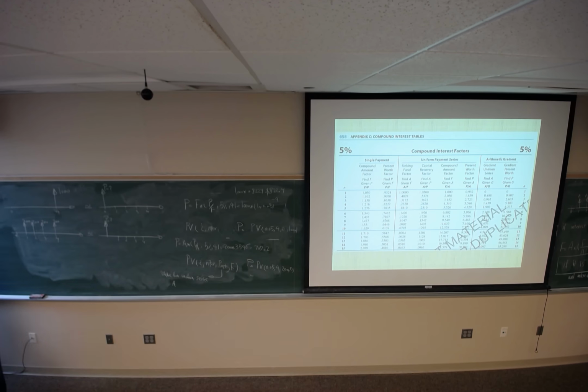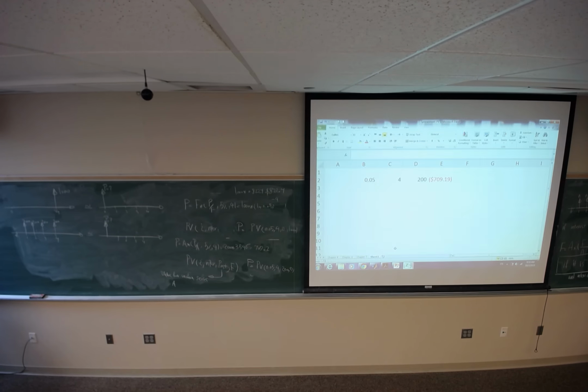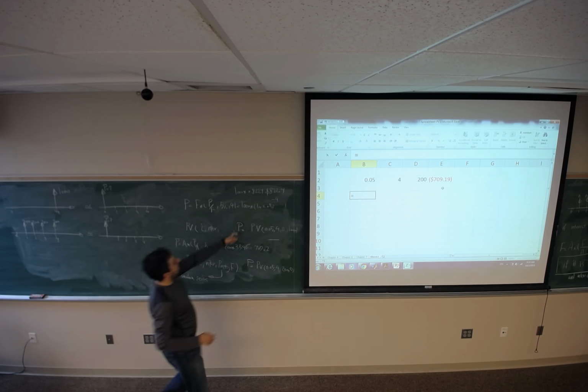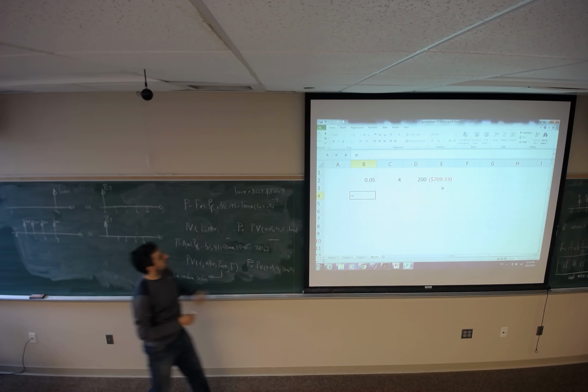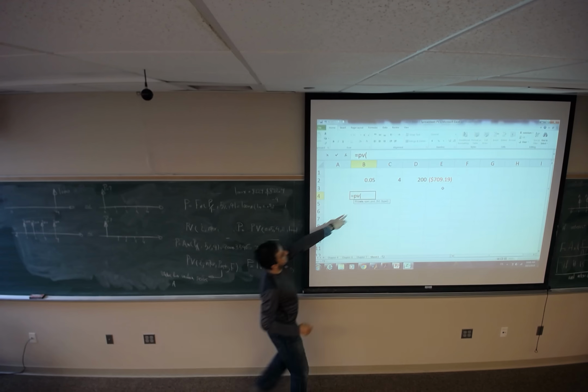So let's see how the Excel can be. Just an equal sign, I'm going to use this one. PV. The first thing is rate, as you see, it is showing rate.